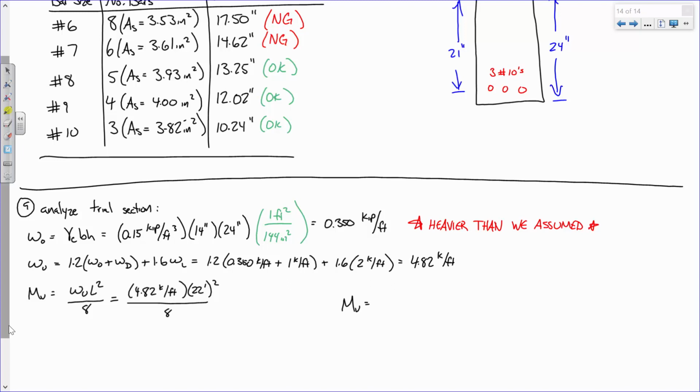It's going to equal 291.6 foot kips. So let's write that down here. 291.6 foot kips. This is with the actual self-weight.